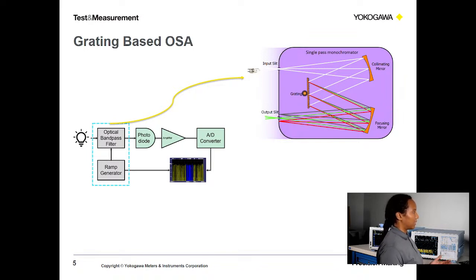In this instance, it's just white light. It is being hit into a collimated mirror, which essentially focuses and reflects that light, and that light is given onto a grating. And that grating is just like a very special mirror where you can split light. So it's kind of like a prism.